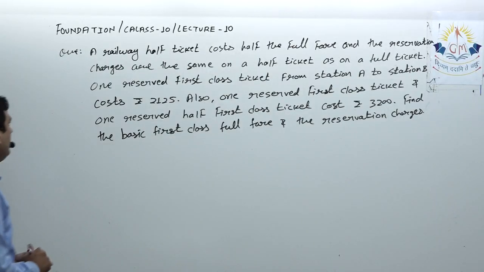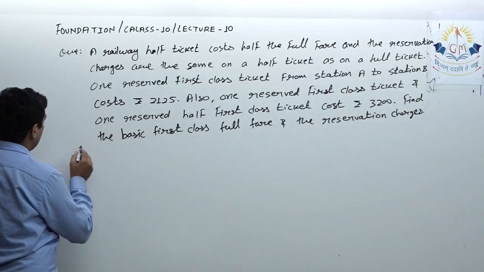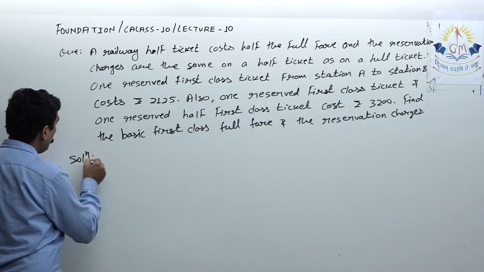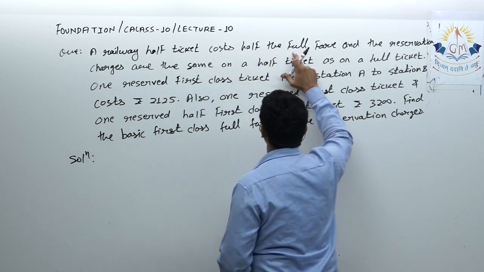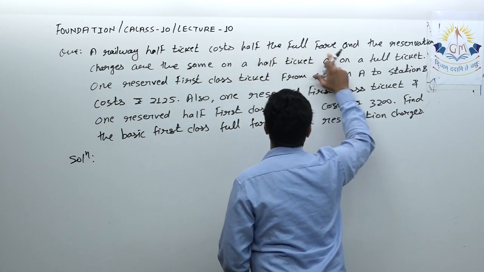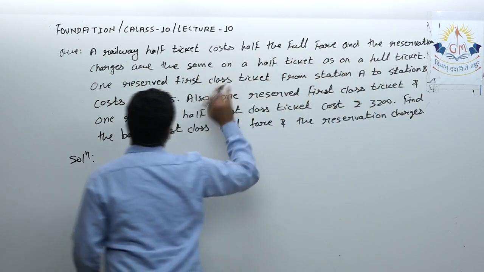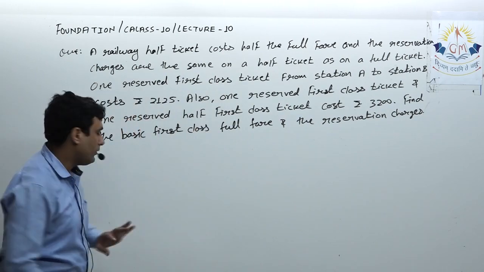Okay, now let us see its solution. See, it is given that a railway half ticket costs half the full fare and reservation charges are the same on a half ticket as well as on a full ticket.